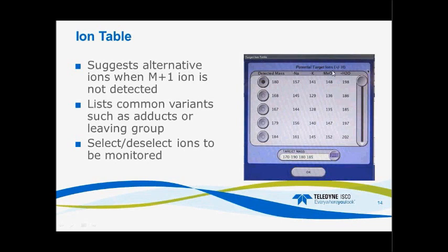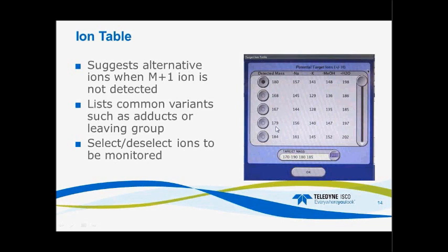And then we're looking at potential target ions. So in other words, if 180 happened to form an adduct with sodium, then the M+1 of that compound would actually be 157.